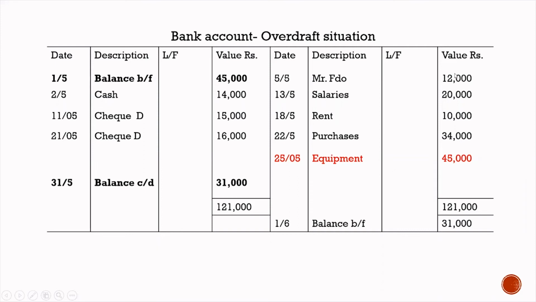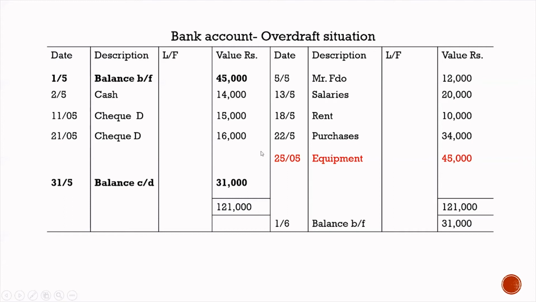Now see, this side total is 90,000 and the credit side total is 121,000. So a 31,000 overdraft, or a 31,000 overdrawn amount, is there, right?